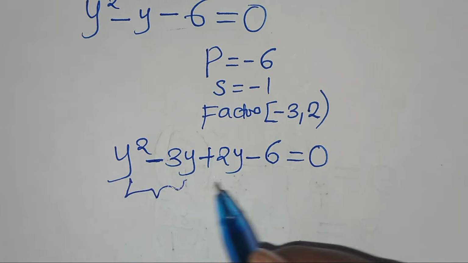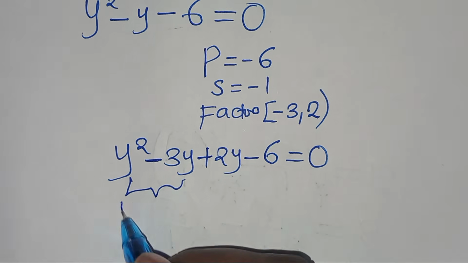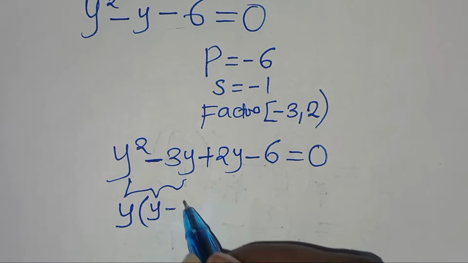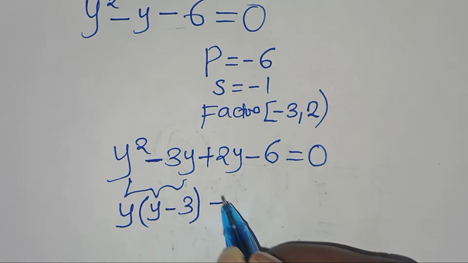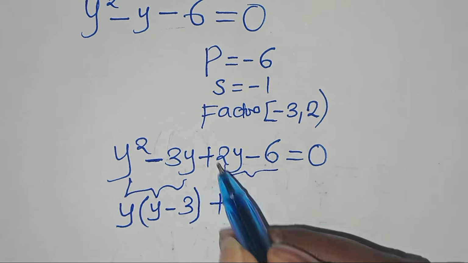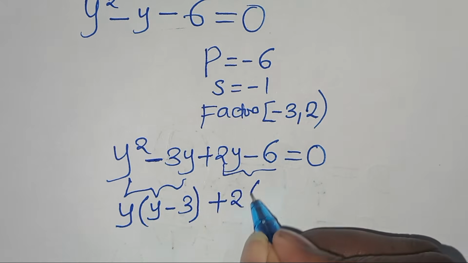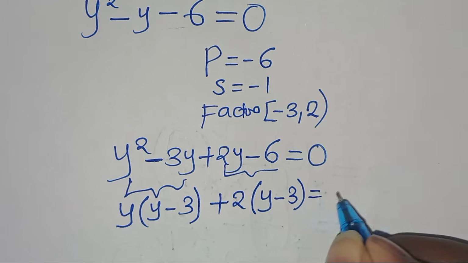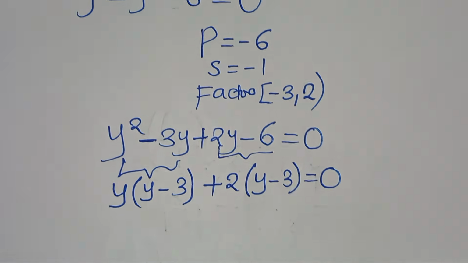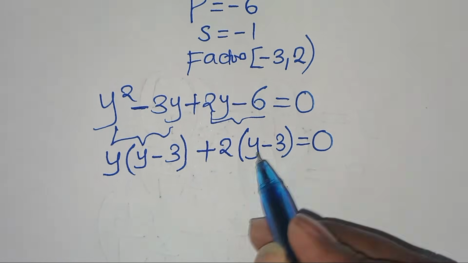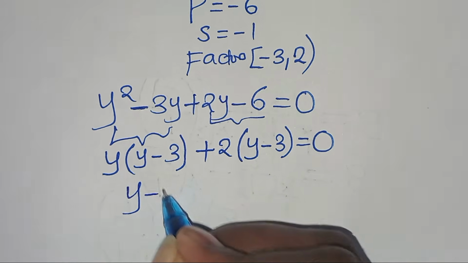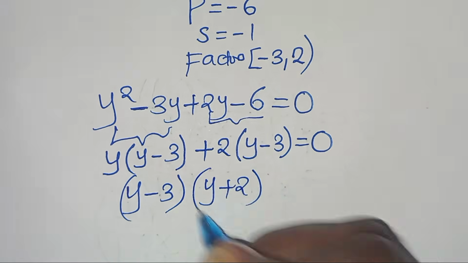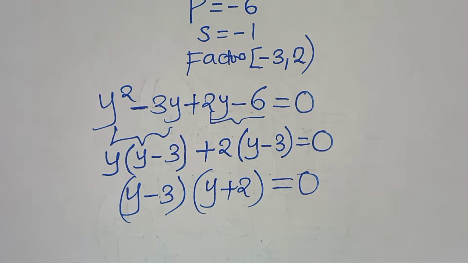In the first part, y is common, so we factor out y to get y minus 3, then plus, in the second part, 2 is common, so we factor out 2 to get y minus 3, equal to 0. Then y minus 3 is common, so we have y minus 3 times y plus 2 equal to 0.